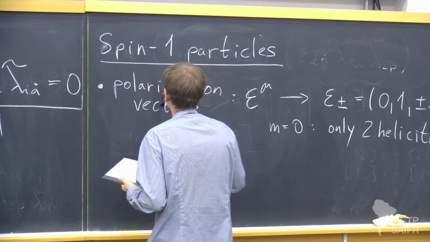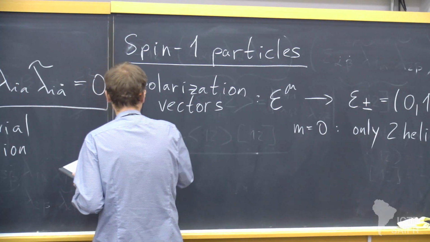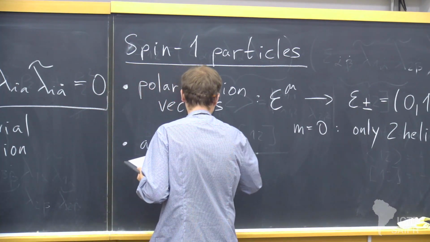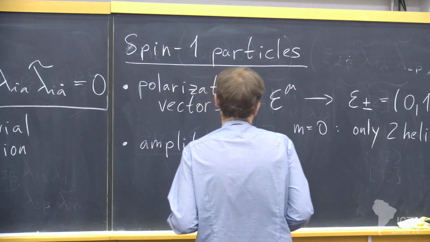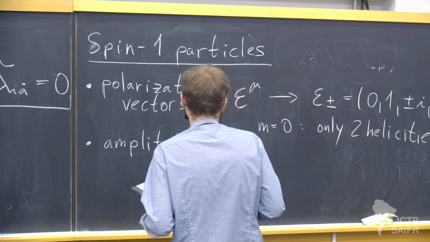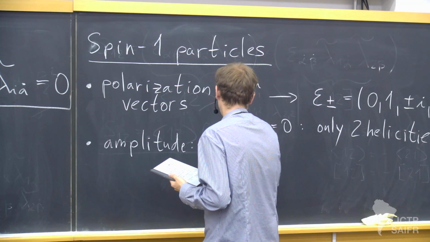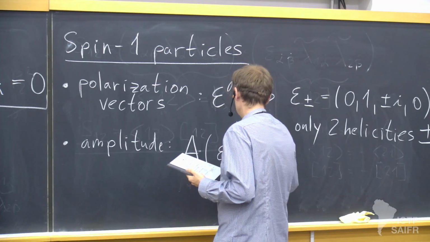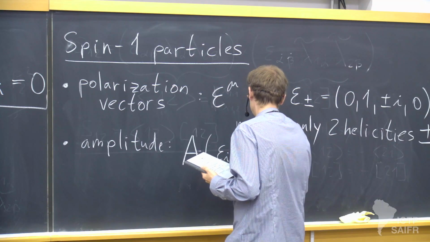Now, for the amplitude, for massless spin 1 particles, like gluons or photons, the amplitude will depend on these epsilons and also momenta.